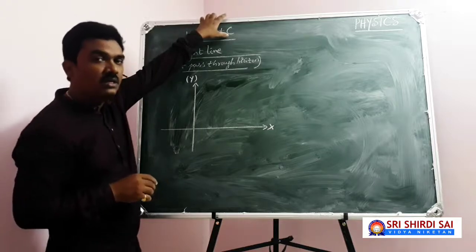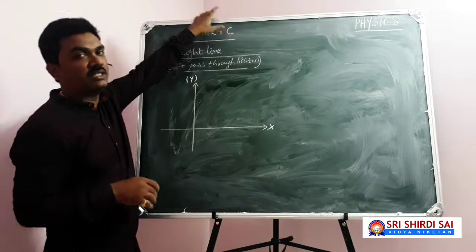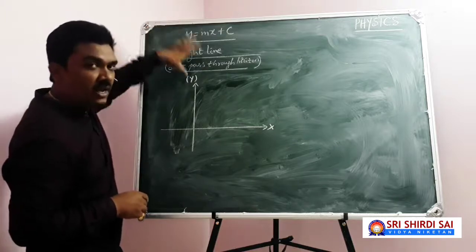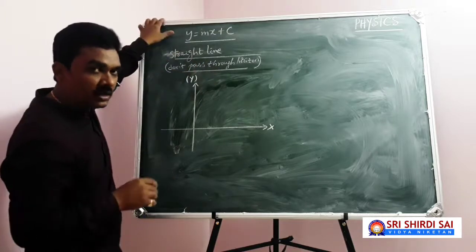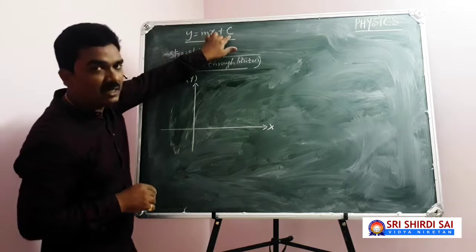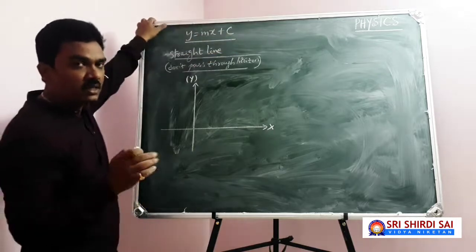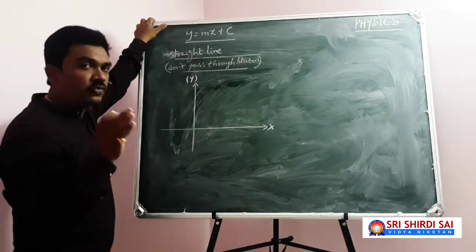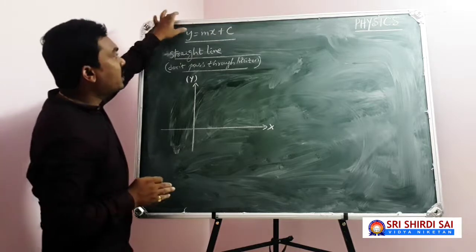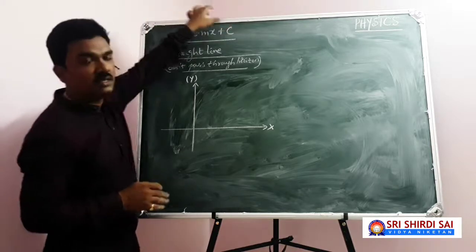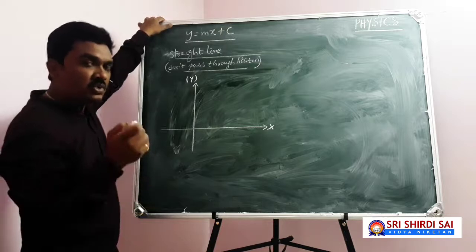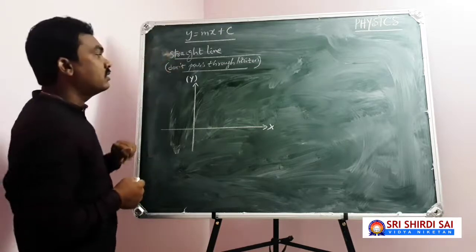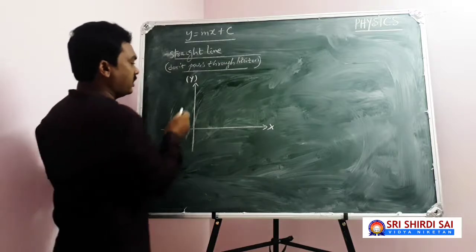C is the y-intercept, which means the straight line is going to cut the y-axis at one particular point, the y-intercept, represented by c. So any mathematical equation of the format y equal to mx plus c represents a straight line that is not passing through origin.